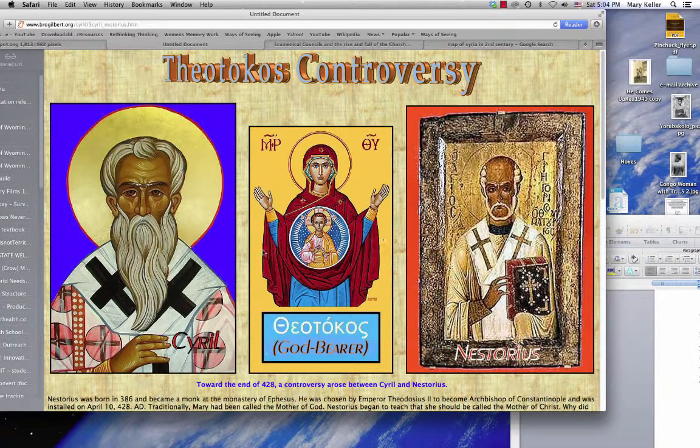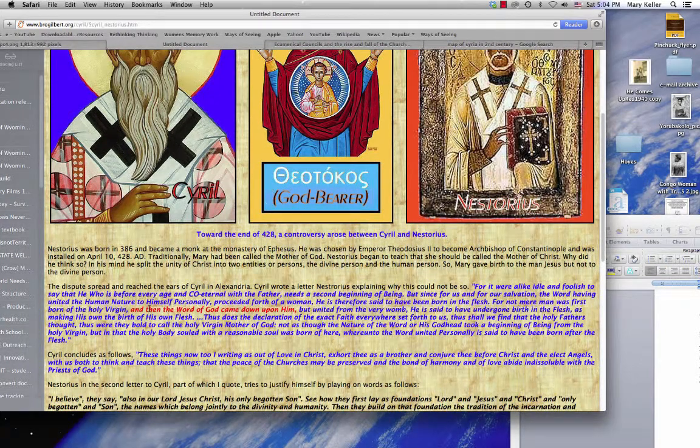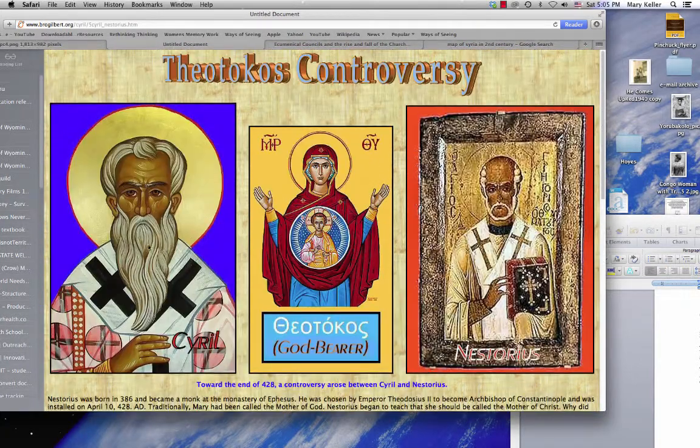And so please will everyone call his mother Christokos, because that indicates to us the priority of his humanness as essential and part of his character. But whereas Cyril, who's a very nice writer, you could read his letter back to Nestorius here. It's actually quite interesting. And he says, no, she is a God bearer. She will be Theotokos. And Cyril wins the day on that one.